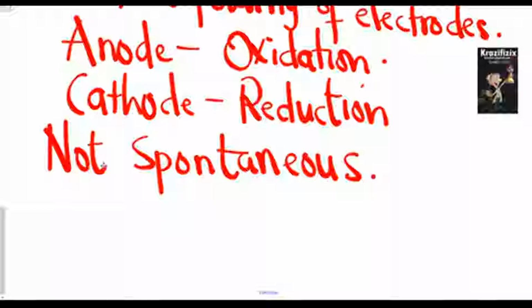So electrolysis, therefore, is a process where we use electrical energy to break up a chemical substance. We would see all that in just a while, but we need to get these definitions out of the way in building a foundation for our proper understanding. So we need to know what electrolysis is, the process where electrical energy is converted to chemical energy.